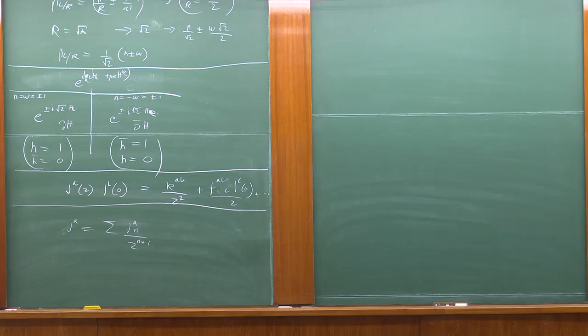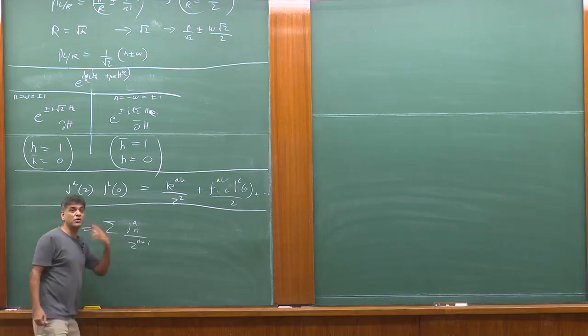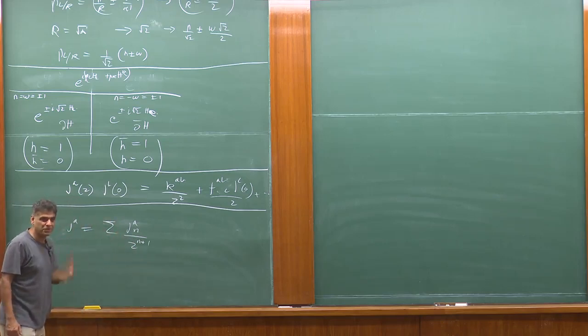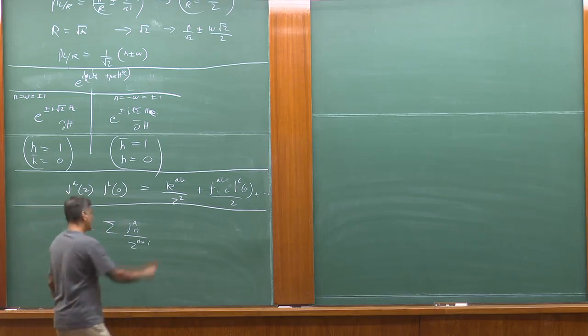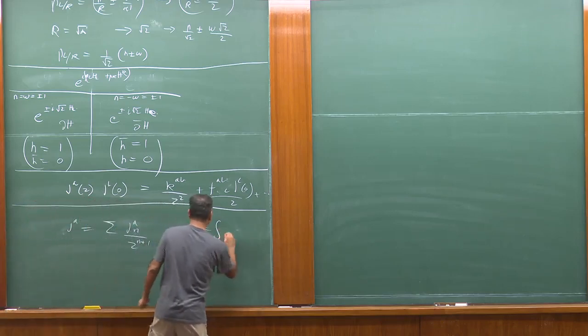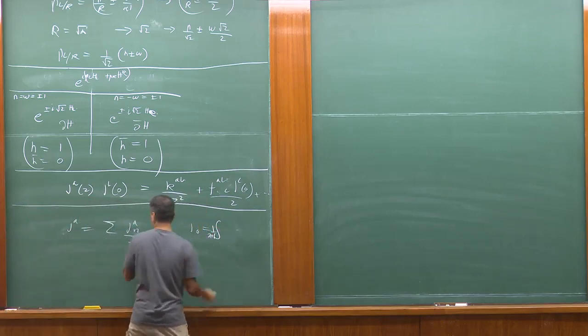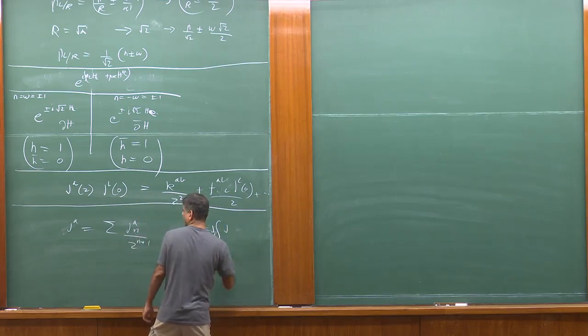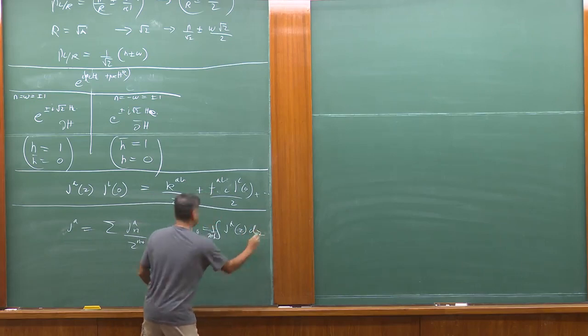Now, the operator J_0, the guy that carries no dimension, no energy, no h, is J_0 equal to the integral of 1 by 2 pi i, integral J^A(z) dz. What is this A index?